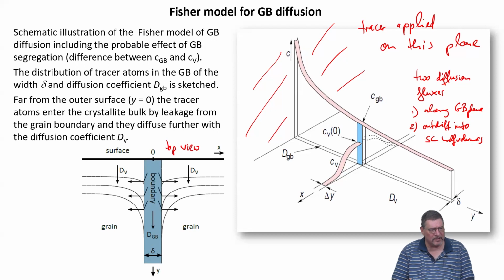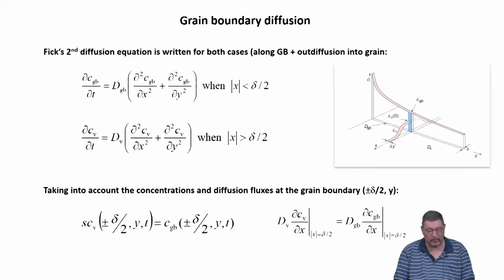Now, we have to describe mathematically how this works. So we take the grain boundary diffusion as well as the out diffusion with the volume diffusion coefficient into account.